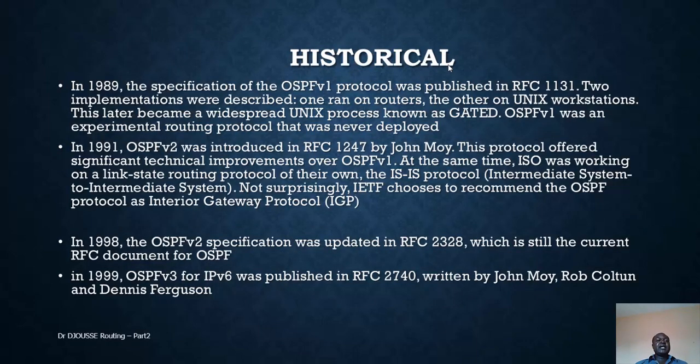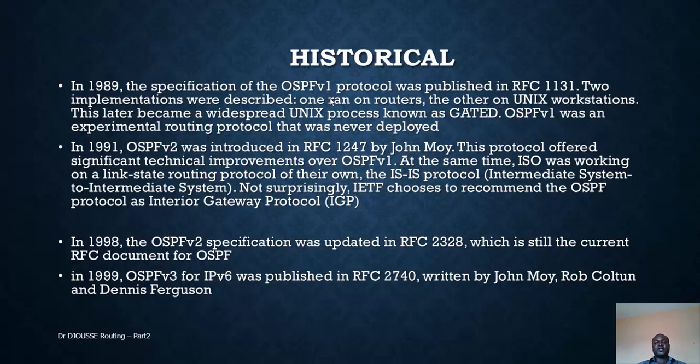Now, historically, in 1989, the specification of Open Shortest Path First version 1 protocol was published in RFC 1131. To implement it, one ran on a router and the other on a Unix workstation, which later became a widespread Unix process known as GATED.